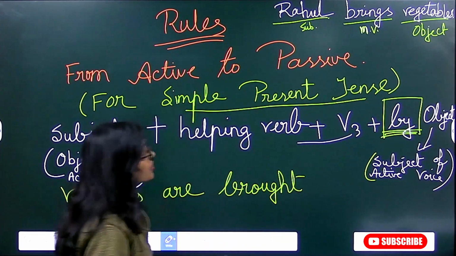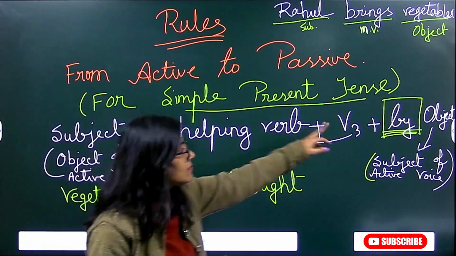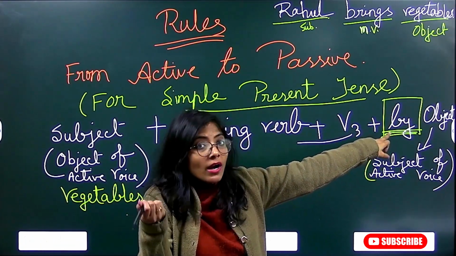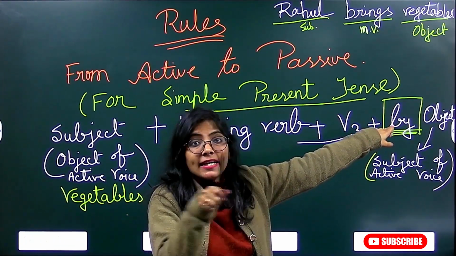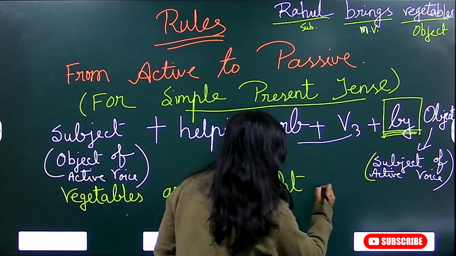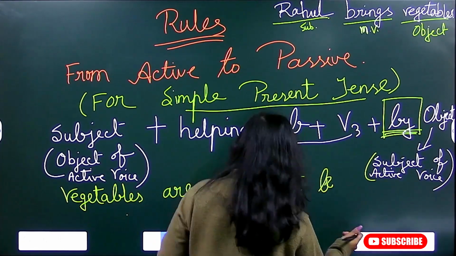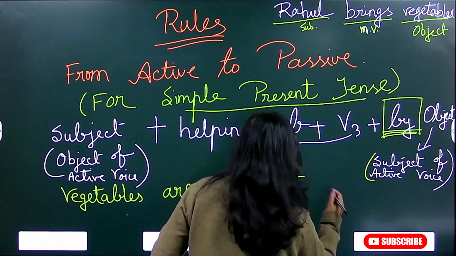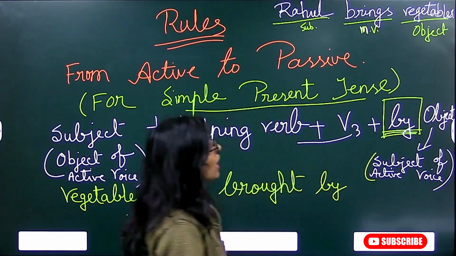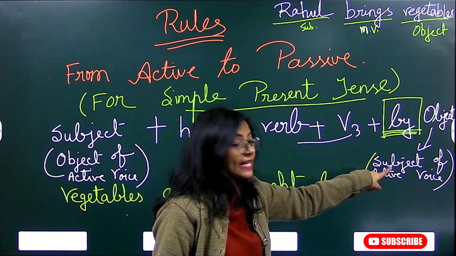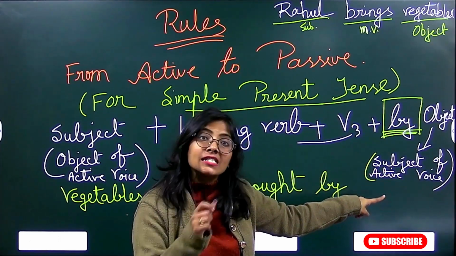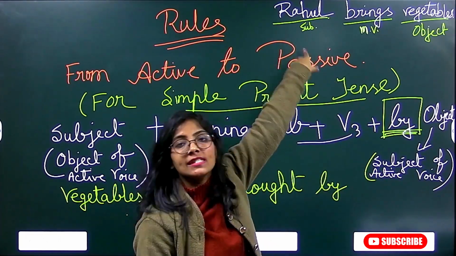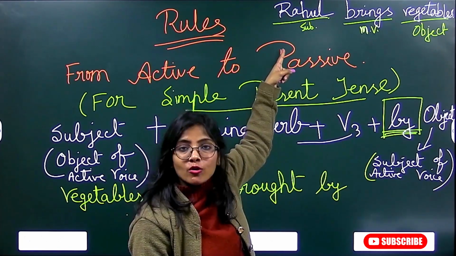Yeah, vegetables are brought. Then comes by. किसके द्वारा? Vegetable लाया जाता है किसके द्वारा? By, object जो कि है active voice का subject. तो एक्टिव वॉइस में who was the subject? As we can see, Rahul was the subject.